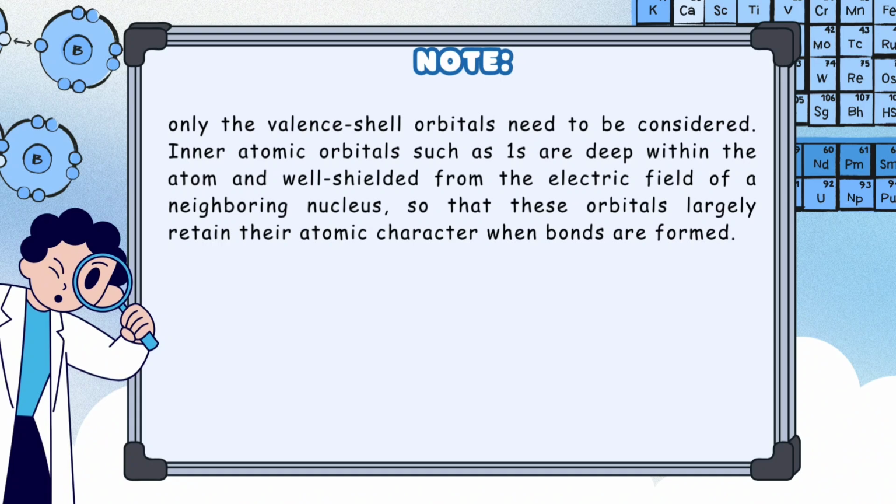So in bonding, we only need to take a look at the outermost shell, or the valence shell orbitals, of the element or atom, because the inner orbitals such as 1s are deep within the atom. This rule or note does not apply to the hydrogen and helium atoms.